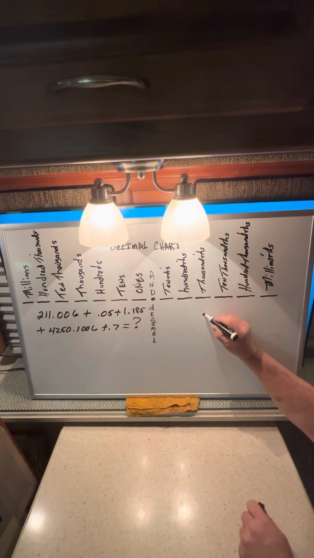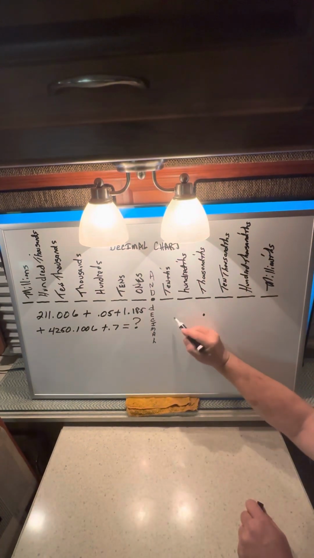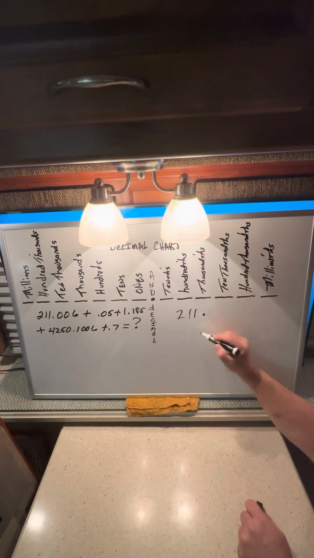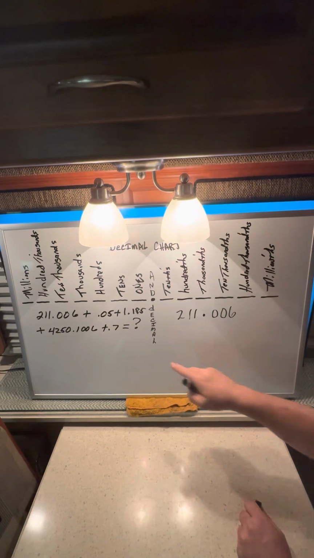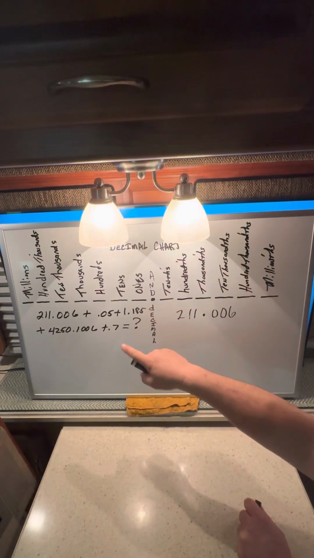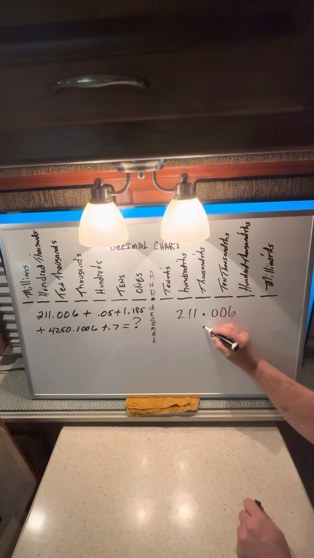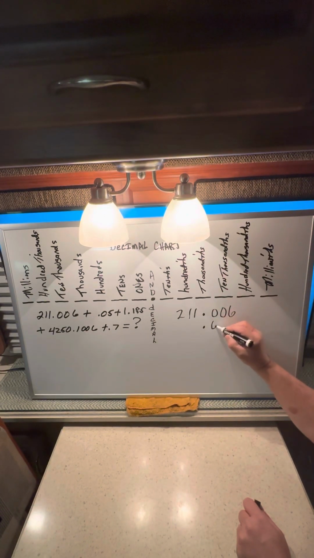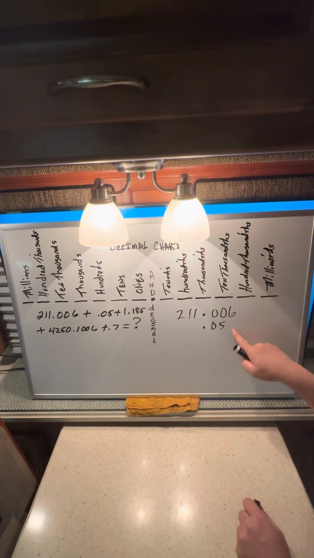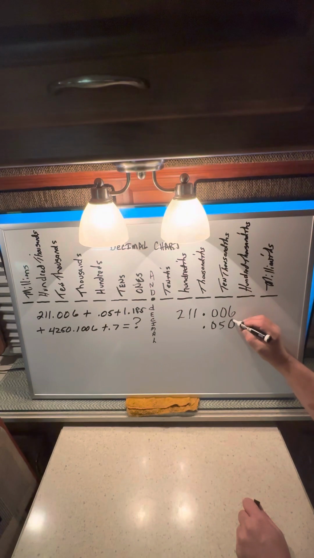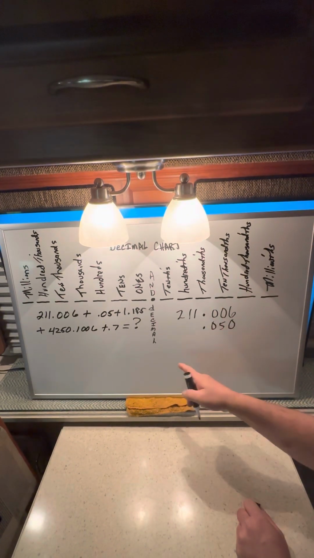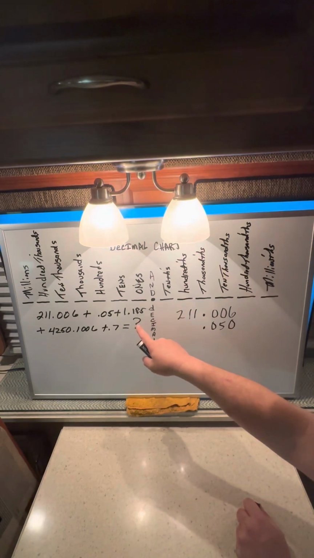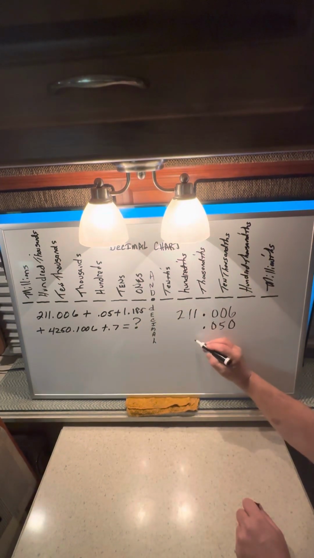Here's the decimal value. First number, 211.006. The next one is 0.05. I'm going to line the decimal up here, 0.05. And don't even worry about this last space here. If you want, you can even put a 0 in there just to keep it clean. It doesn't change the value, but it helps you see things a little straighter. Plus 1.185.